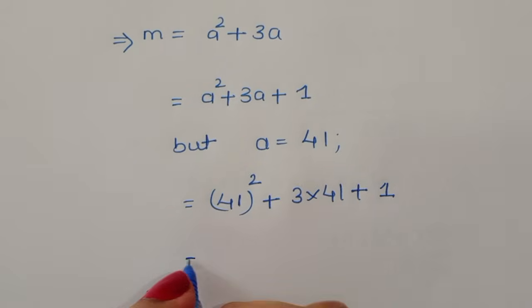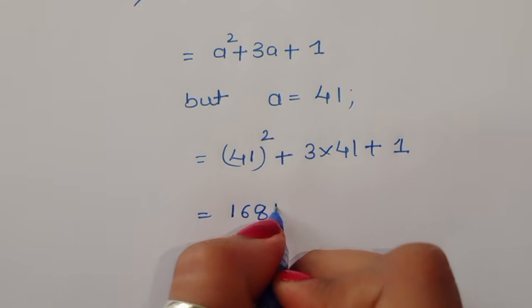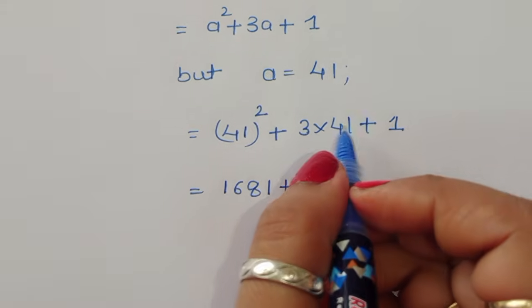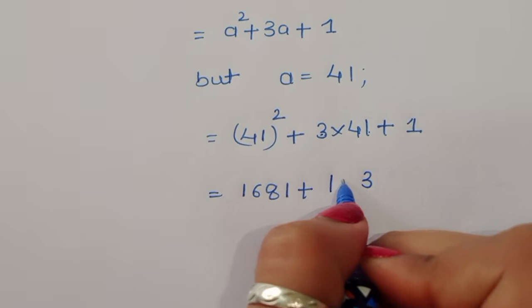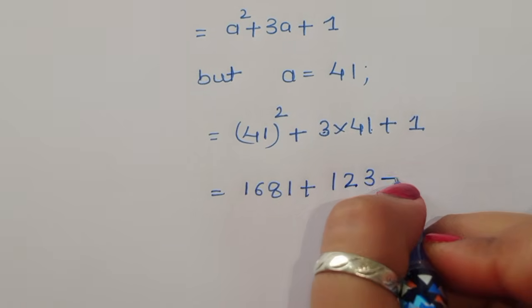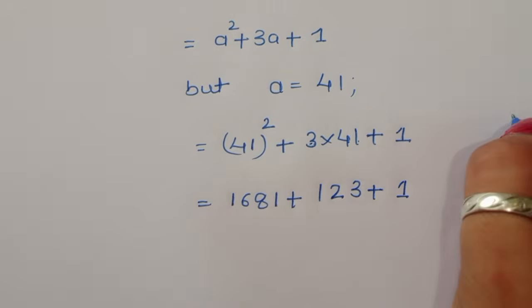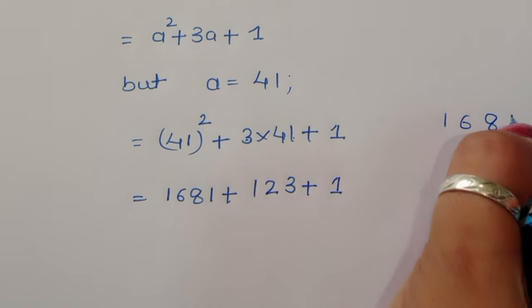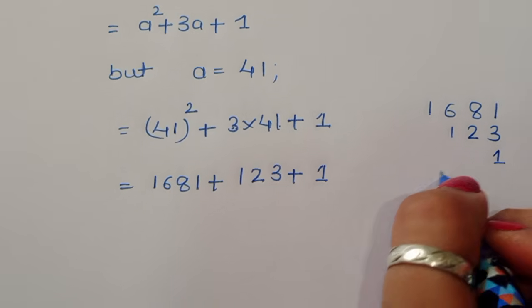Now 41 square is 1681, plus 3 times 41, so 3 ones are 3 and 3 fours are 12, so 123, plus 1, right? Now we have to add this: 1681, 123 and here 1.